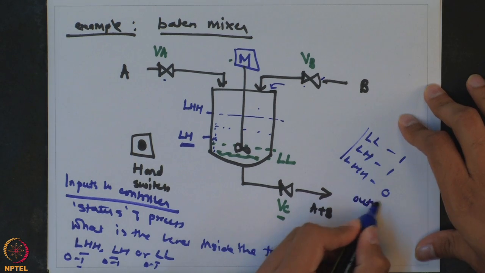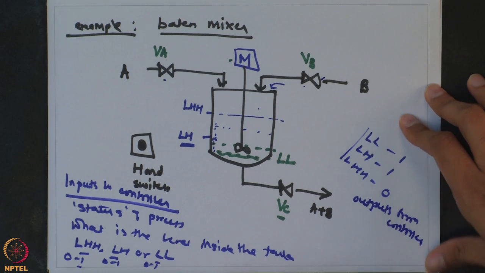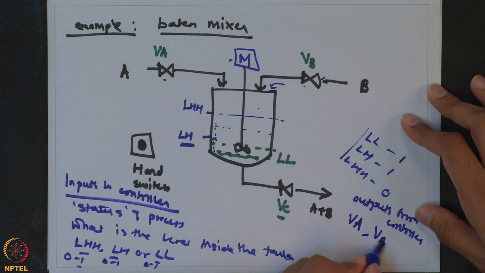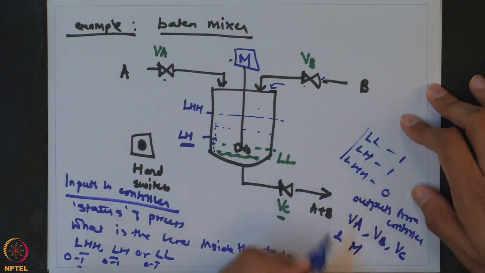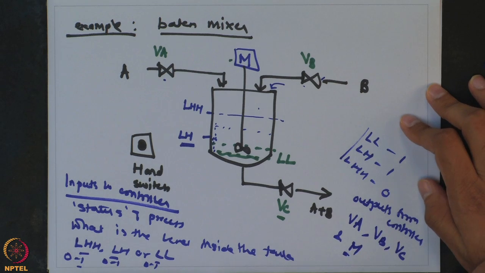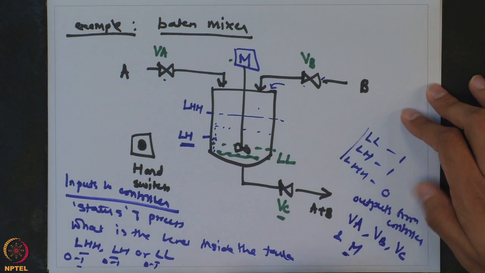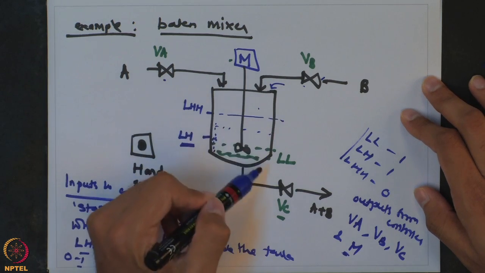So, the outputs from the controller will be the things which you can manipulate in this process, which are valves VA, VB, VC and this mixer M. So, the valves can be opened or closed and the motor can be switched on or off.